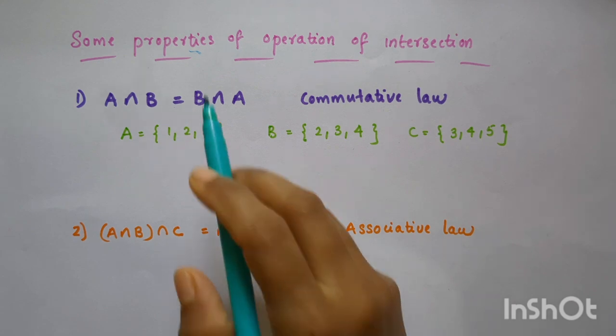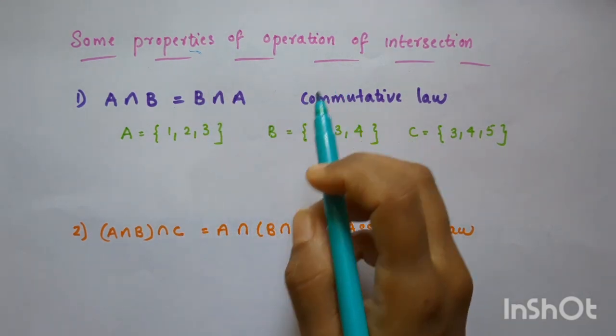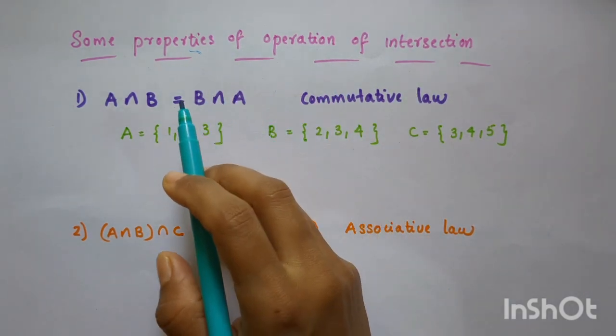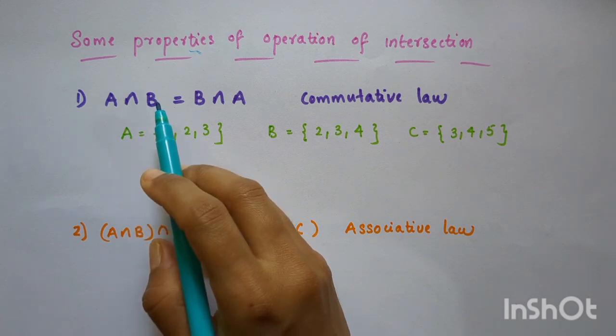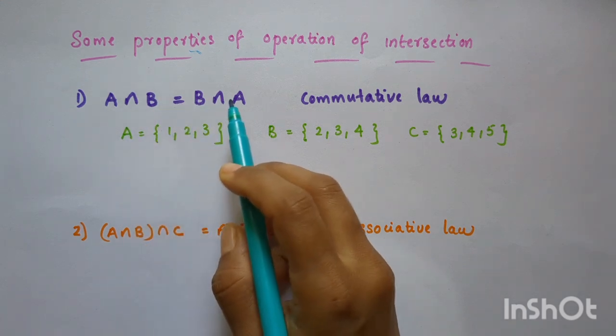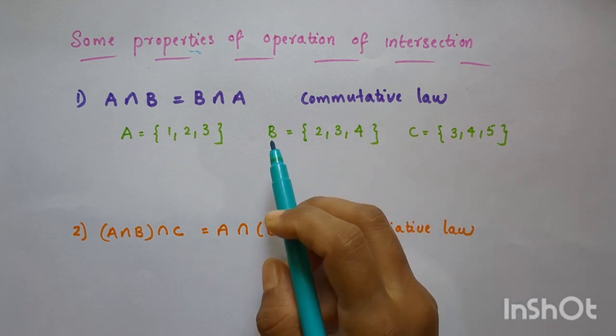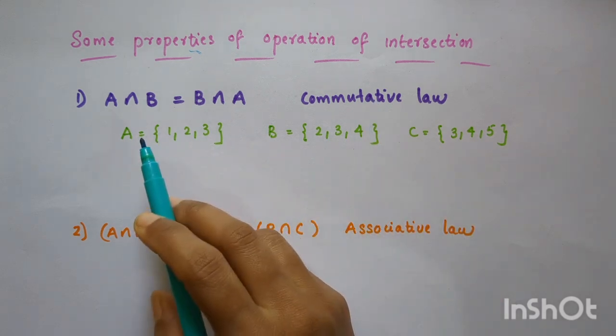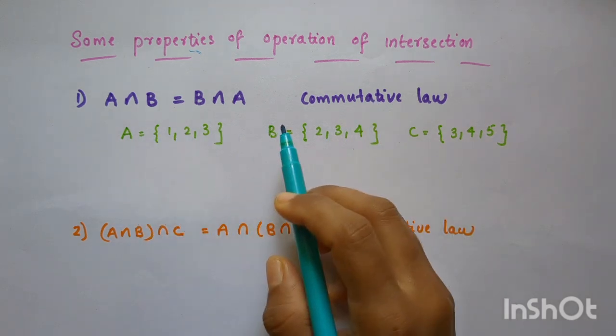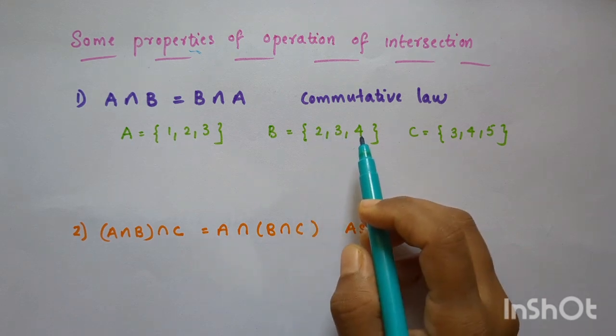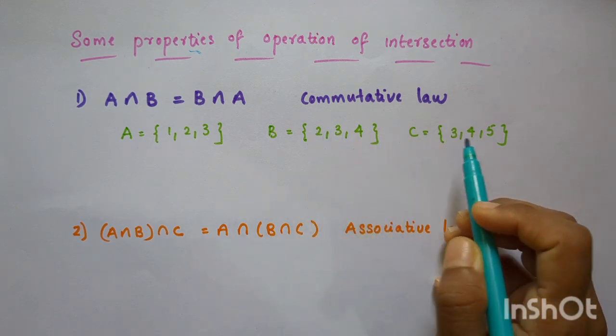Now, let us see some properties of the operation of intersection. The first property is A intersection B is equal to B intersection A, and this is known as the commutative law. For example, consider A as the set of 1, 2, 3, B as the set of elements 2, 3, 4, and C as the set of elements 3, 4, 5.